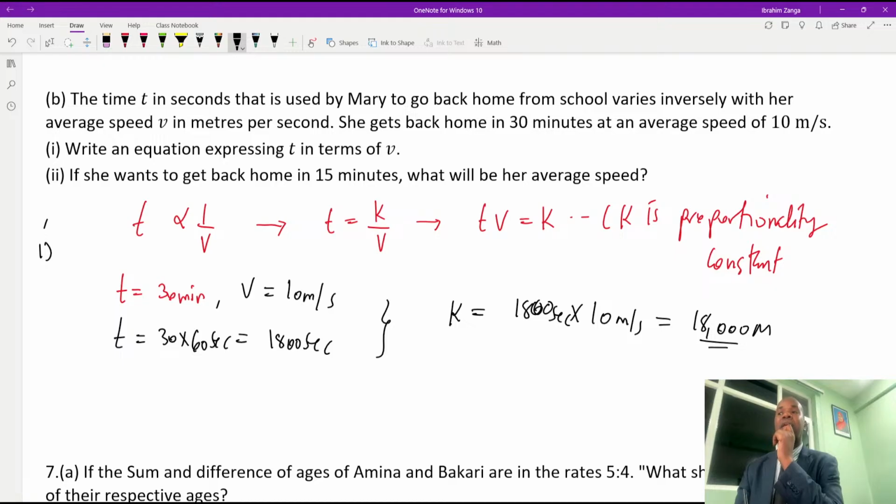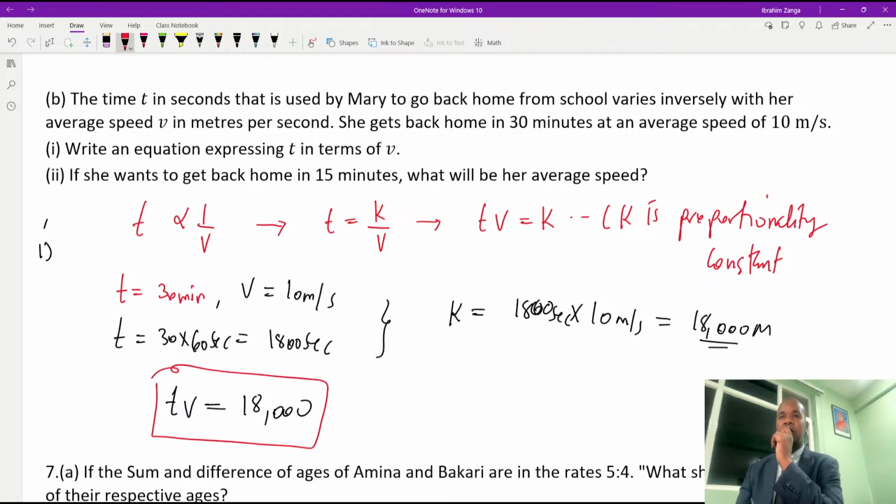That is our constant of proportionality. So the equation now connecting t and v is tv equals 18,000. This is the equation we can use expressing the connection. T is now in seconds, v is in meters per second.